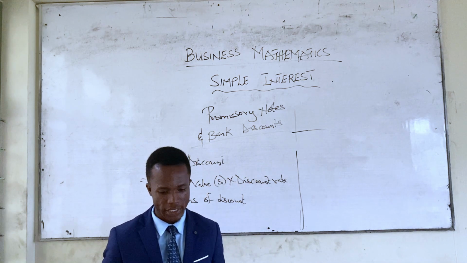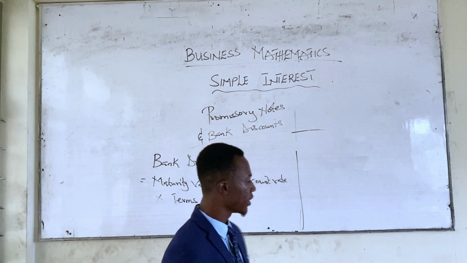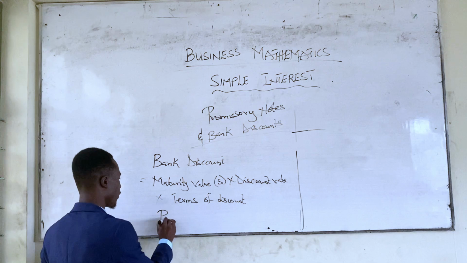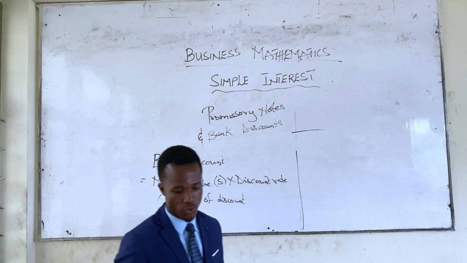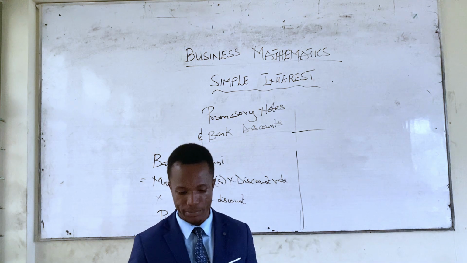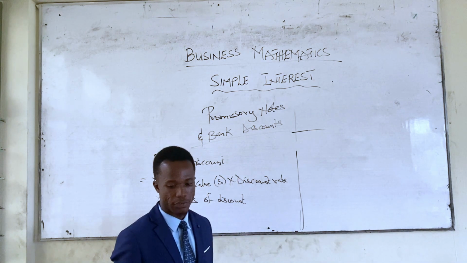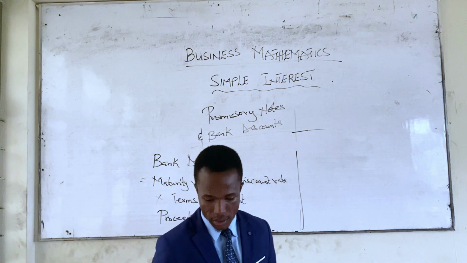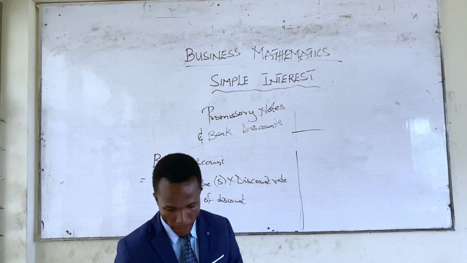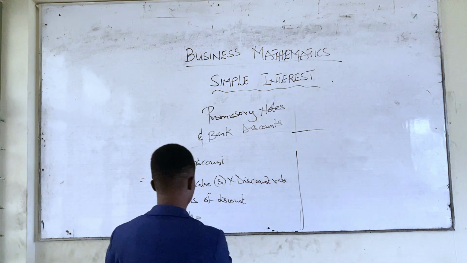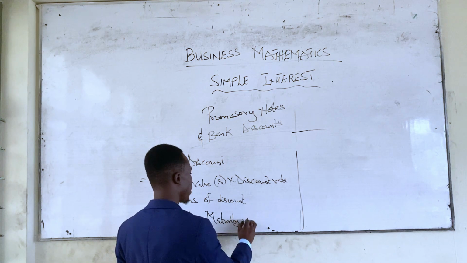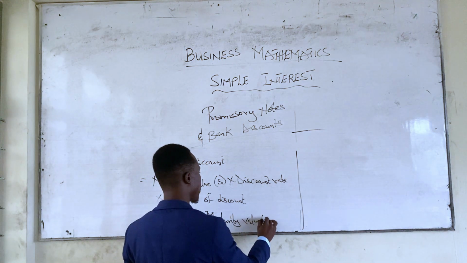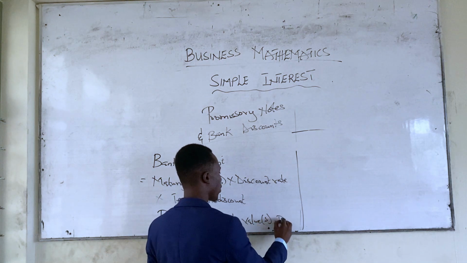Okay, so the next one is proceeds. The proceeds for the bank, or for anyone that you introduce into the agreement, is going to be the maturity value minus the bank discount. So the maturity value, which is S, minus the bank discount.